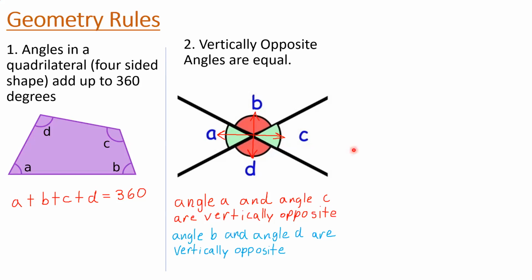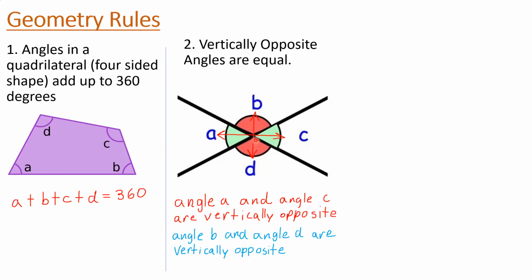And Chai, what are the angles that are vertically opposite in the shape? A and C. And what are the other angles?